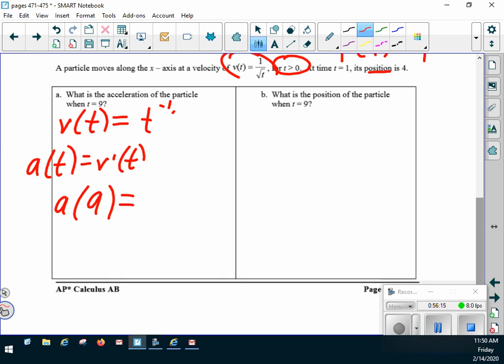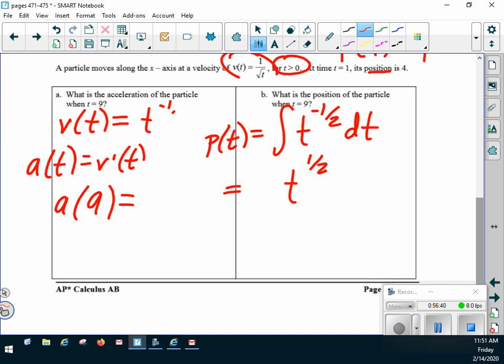What's the position? How do I find the position of the particle? Integrate the what? The velocity. Good. So position is the integral of the velocity. t to the 1 divided by 1/2.